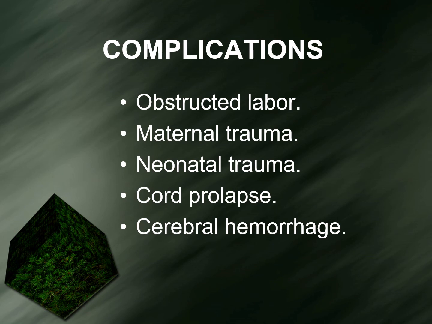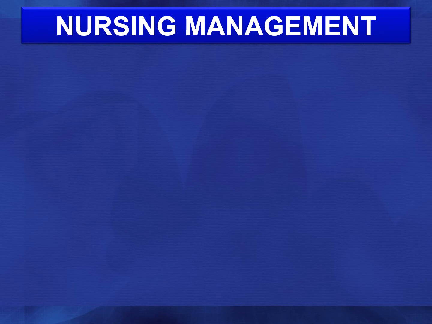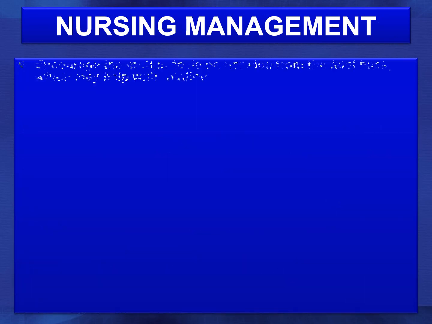And if you are applying forceps or vacuum, there is a chance for cerebral hemorrhage due to that also. These are the complications of the occipital posterior position. Now we can see the nursing management of occipital posterior position.